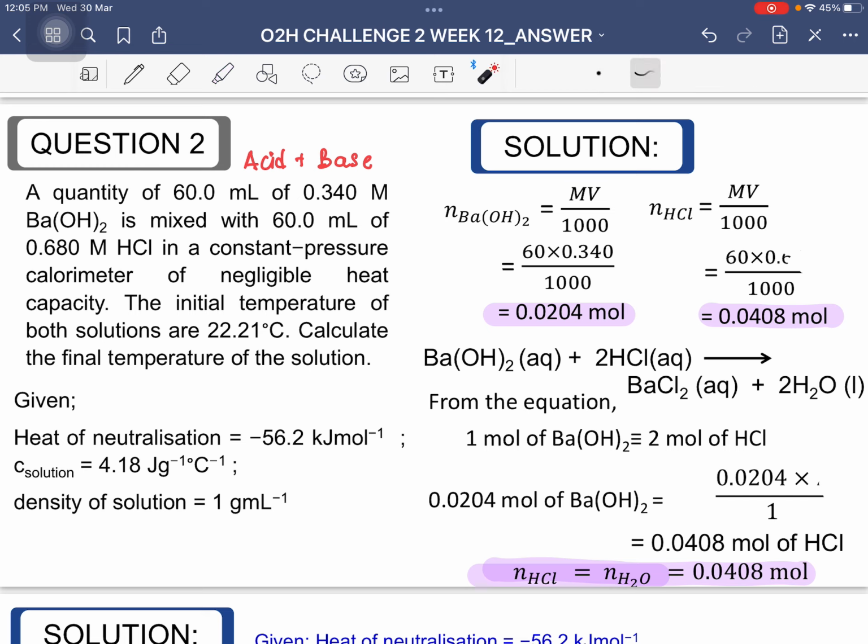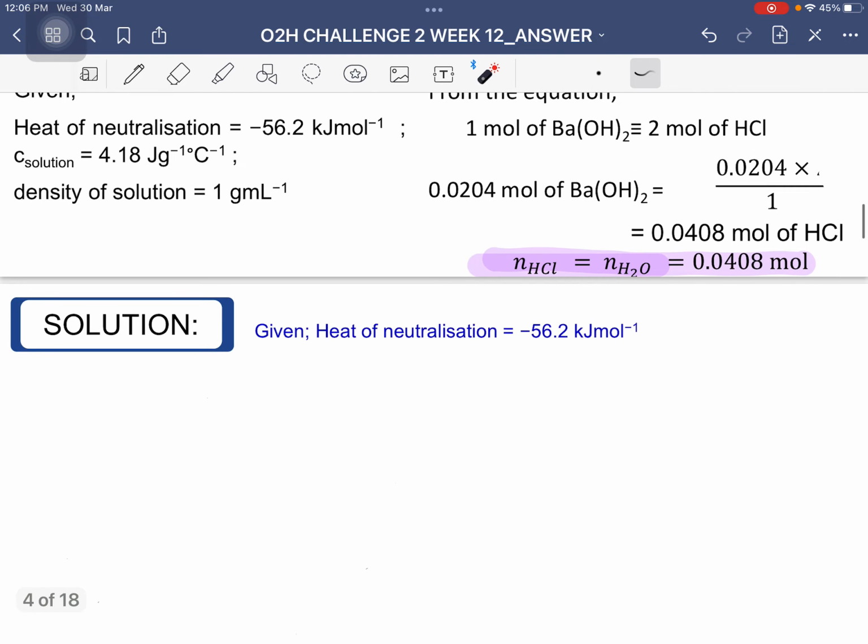Sebab apa? Cuba kita tengok kat sini. 2 mole of H2O depends on 2 mole of HCl. Okay, so kalau nak kata sama dengan ni pun betul juga, sebab both base dan acid habis digunakan. So 2 mole HCl produce 2 mole water. So mole HCl sama dengan mole water. So mole water adalah 0.0408 mole.